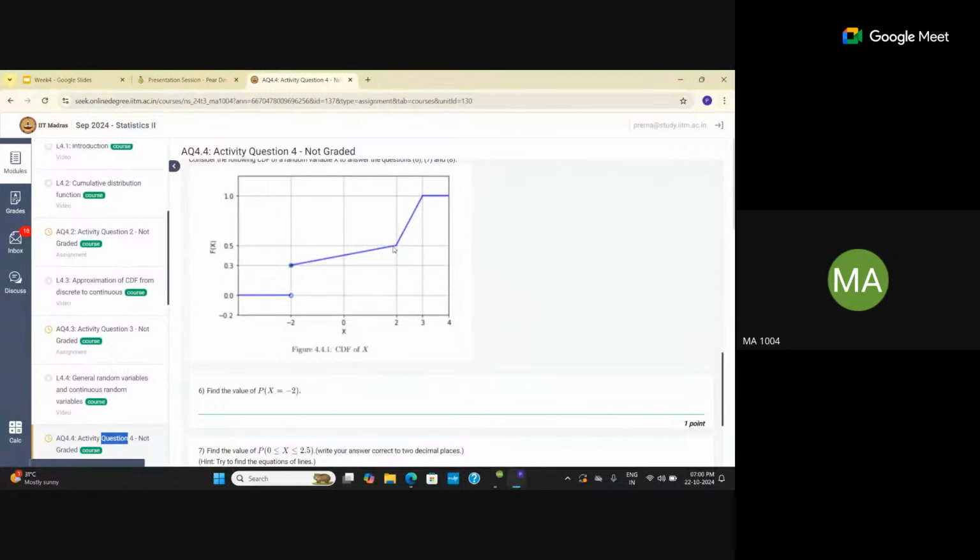Now find the equation of this line and tell me what will be the equation. Ma'am, in the last expression, it should be 0.05.